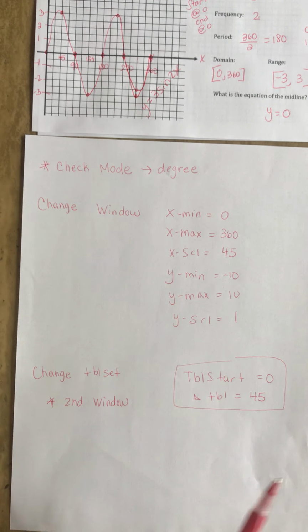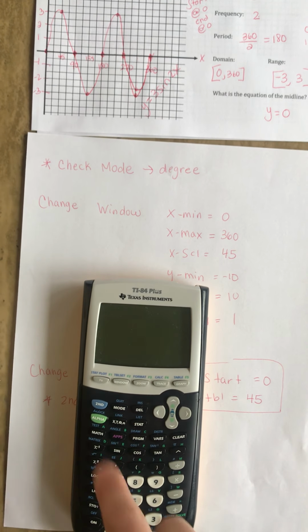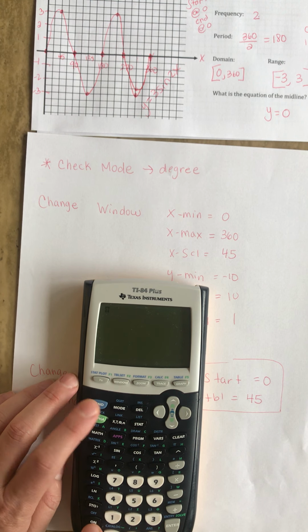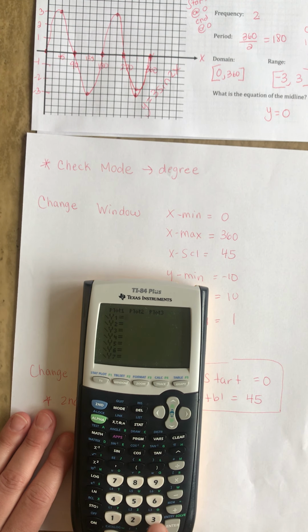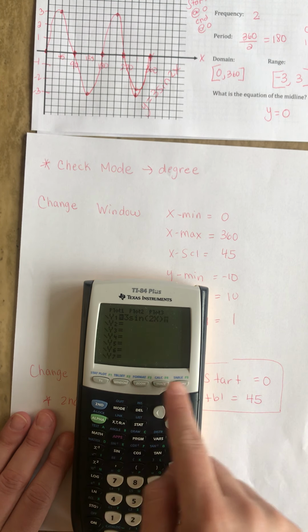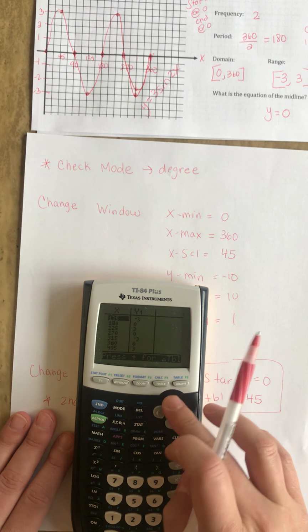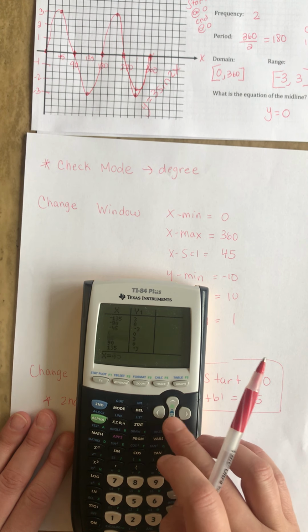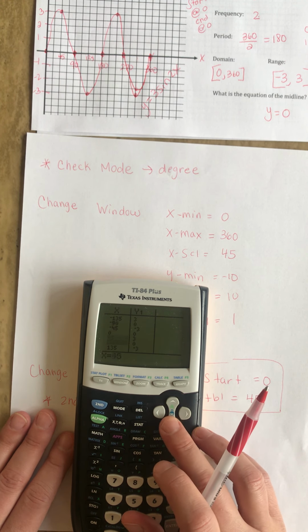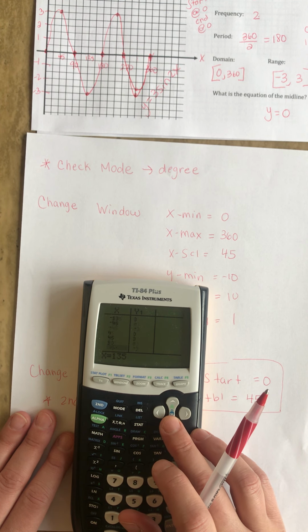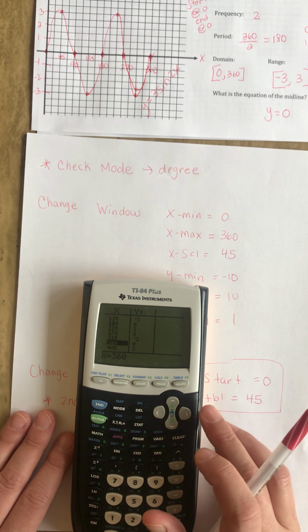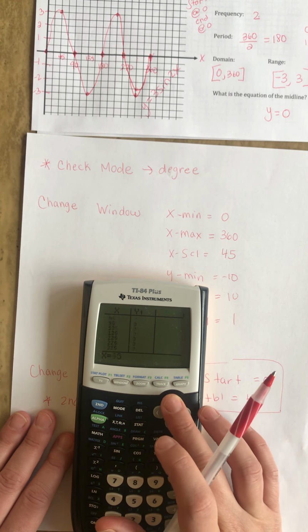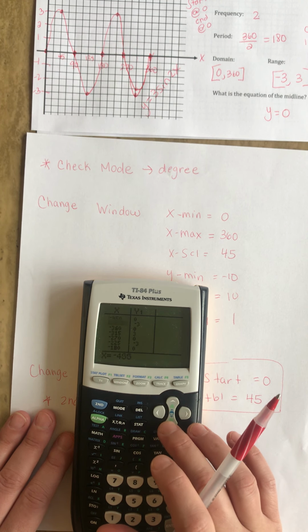So now, if you've done all those changes, you can hit y equals and enter 3 sine 2x, and you can go second table, and there are all of your values that you have to plot. 0, 0, 45, 3, 90, 0, 135, -3, all the way up to 360, because you're going from 0 to 360. So these will always give you all of the points that you need to plot.